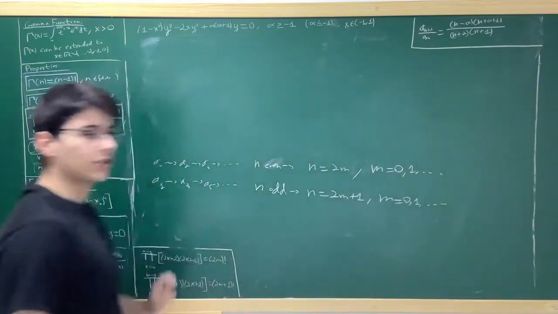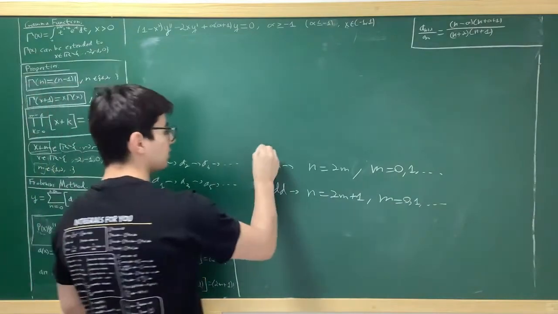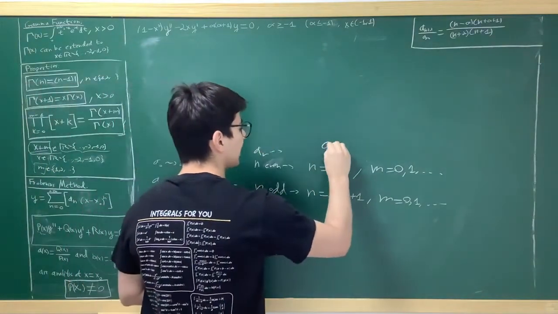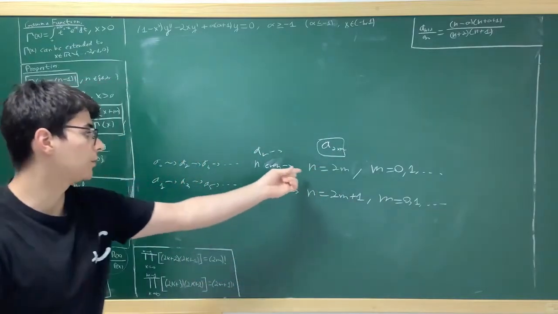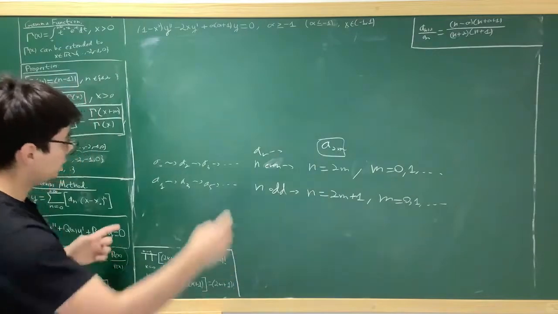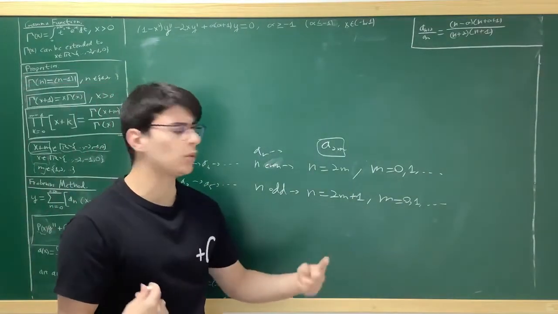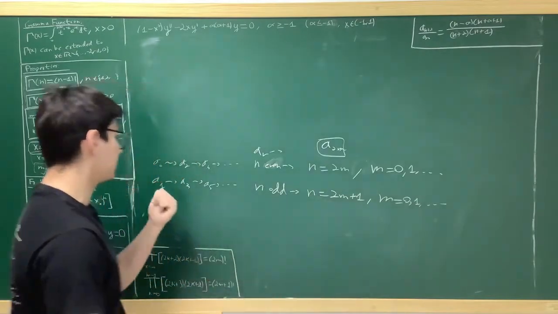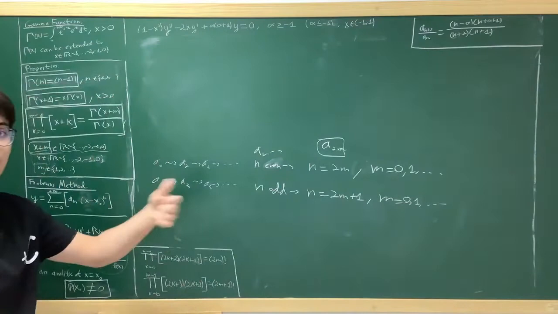Okay, so let me explain this. a_0, a_2, and so on. a_n becomes a_2m, for m equals 0, 1, 2, and so on. Here, n is odd, so we can rewrite it as n equals 2m plus 1, where m is 0, which corresponds to a_1, m is 1, which corresponds to a_3, and so on.